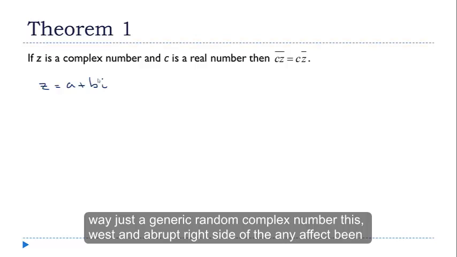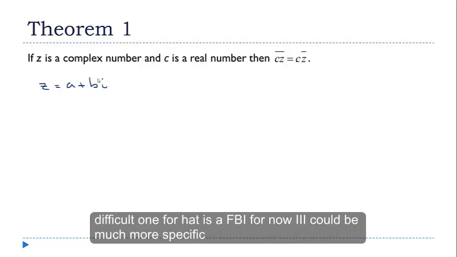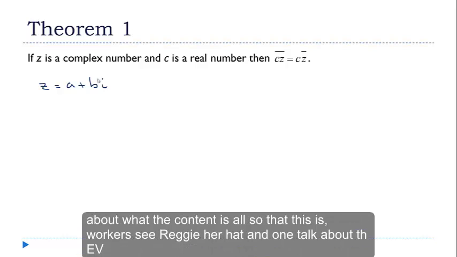This is our standard approach. Talking about z in the abstract is kind of difficult, but once I have this a plus bi form, now I can be much more specific about what the conjugates are. So let's work this equation. I want to talk about c times z bar.